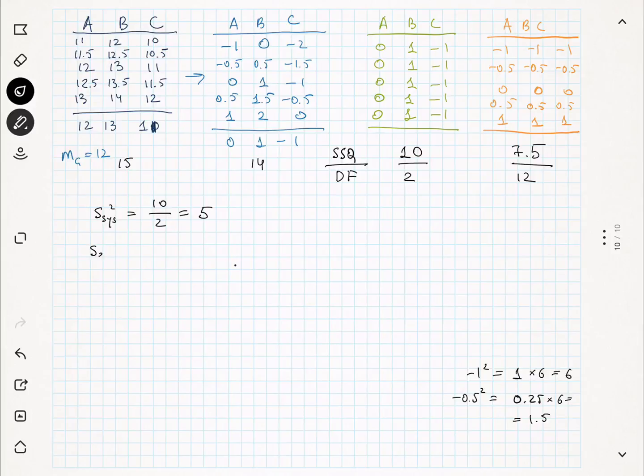And the variance for the error part is 7.5 over 12, which gives us 0.625. Then the F value is the ratio between these two, the systematic and the error. So it's 5 over 0.625, which gives us 8. And you can assume that this value seems to be quite extreme, right?